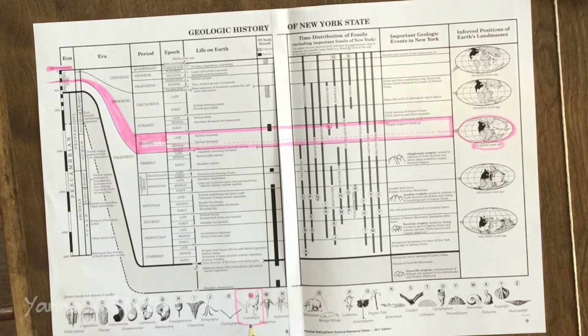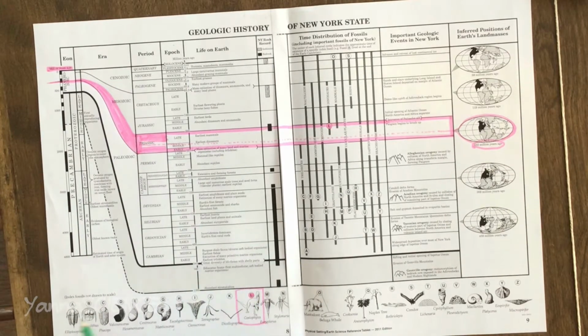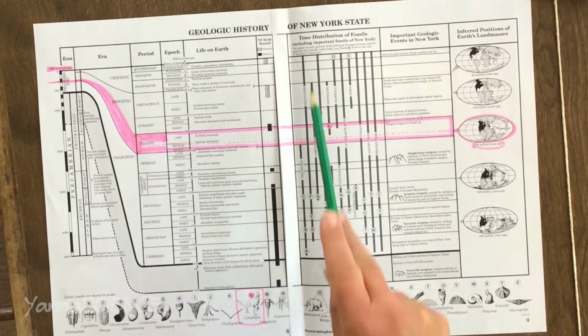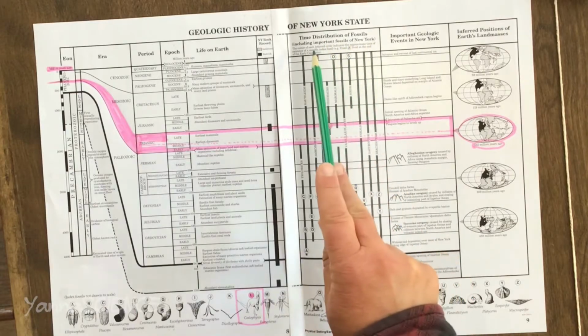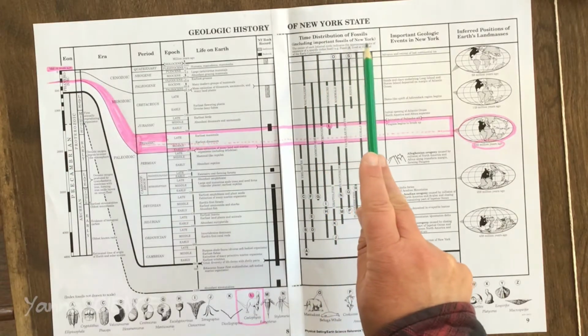I'm going to call it Coelophysis. I don't know. We're just going to call him Dinosaur L because I can say that. So Dinosaur L has a picture and the letter down on this index fossil part of the chart, not drawn to scale. Find this guy back up here in the time distribution of fossils, including important fossils of New York.